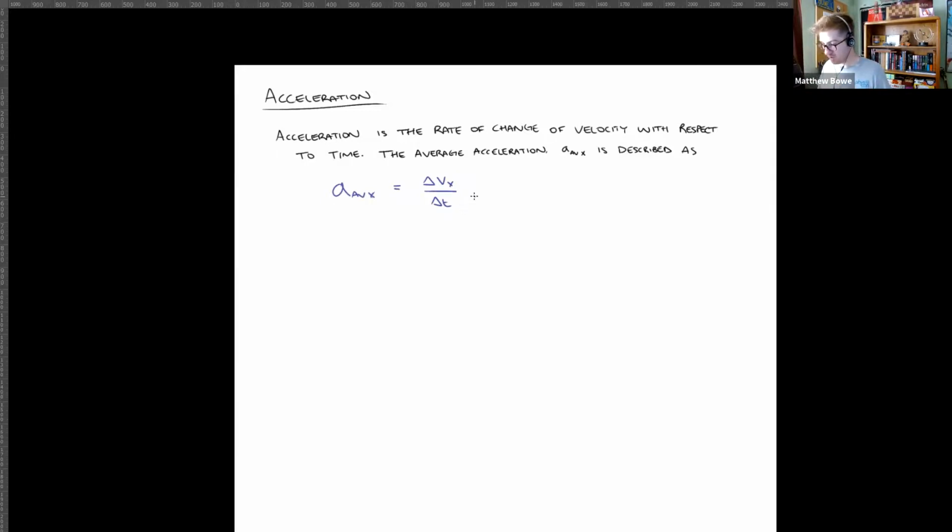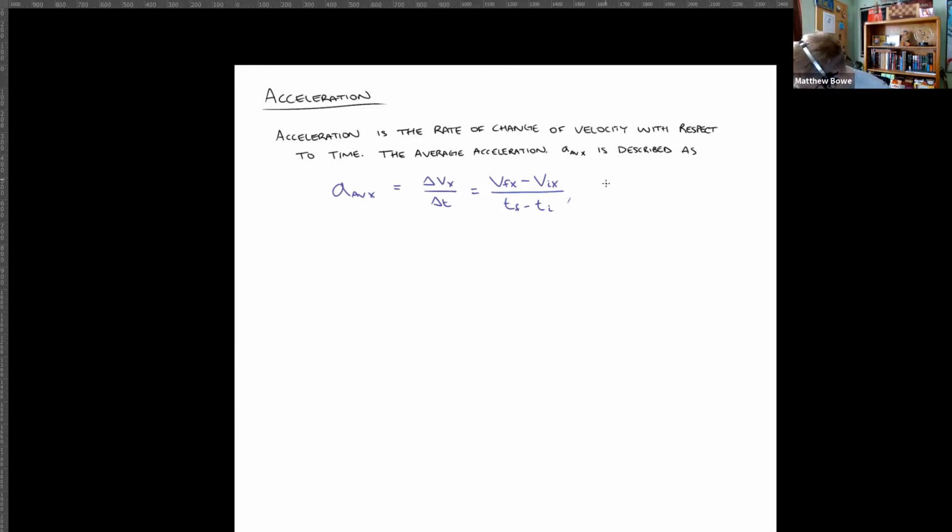So this ratio describes acceleration. You write this out in full as v final x minus v initial x over t final minus t initial. And this whole thing is a bit familiar.